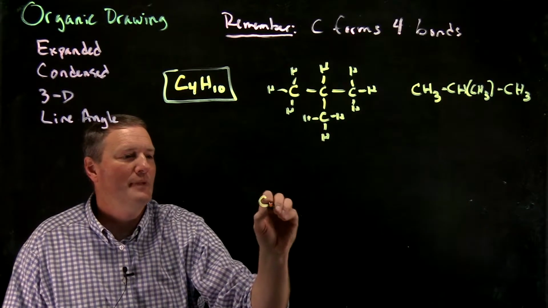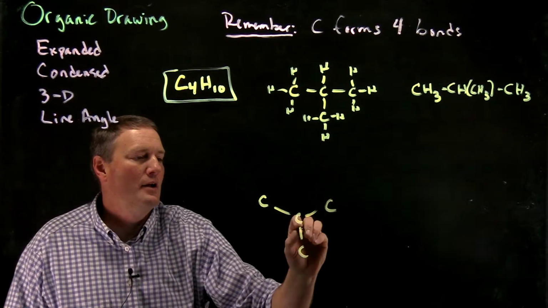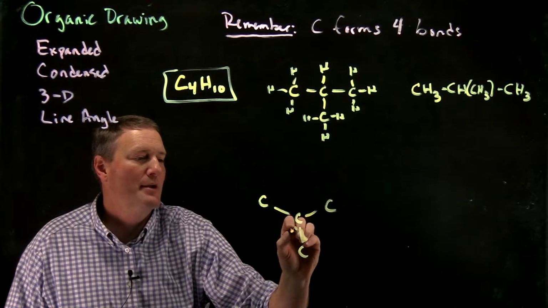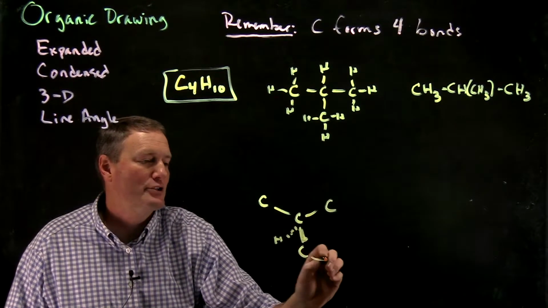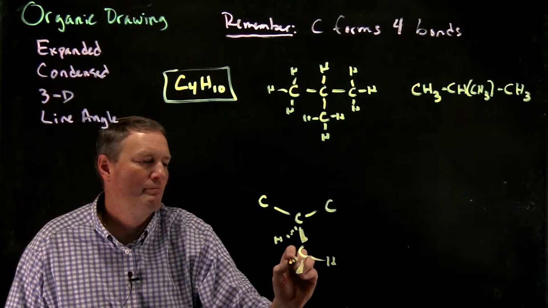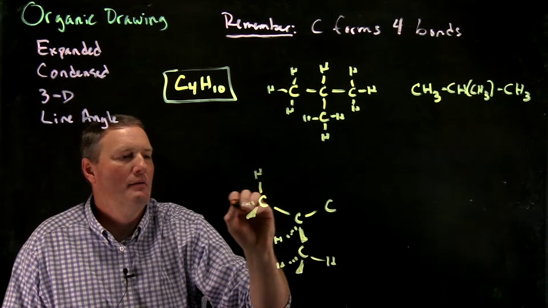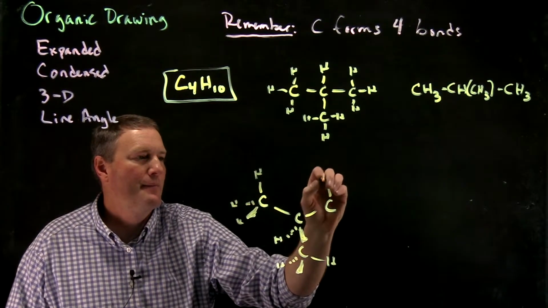Three-dimensional, I would have something that looked like this. One of these carbons coming off is actually going to have a wedge to it. And then I would add in my hydrogens on the other.